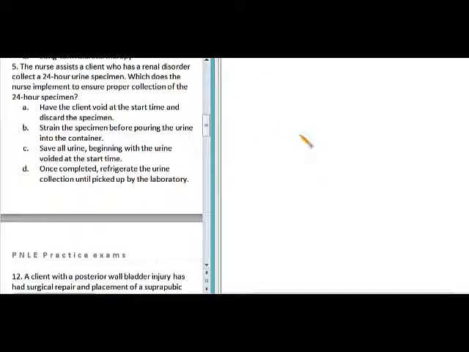Next. Number 5, nurse assists a client who has renal disorder to collect a 24-hour urine specimen. Which does the nurse implement to ensure proper collection of 24-hour specimen? So the issue is proper collection of 24-hour urine. We're looking for proper. A, is this proper? Maybe. B, is this proper? No, because straining is not done for 24-hour urine collection.